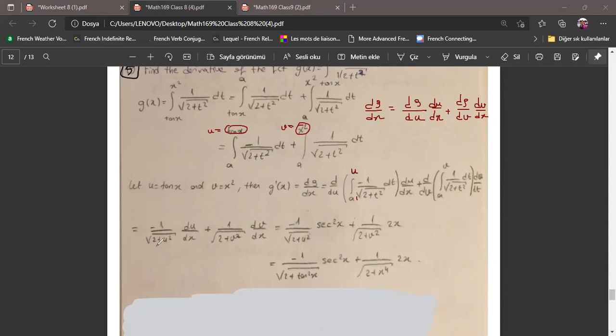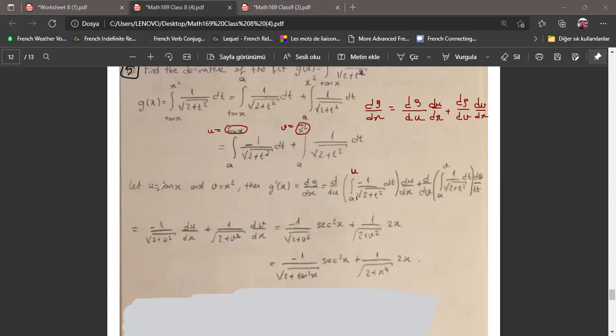So what do we have? We plug t equals to u there and times du over dx plus, again, the function is continuous, so we just directly plug t equals to v, so we get this dv over dx.